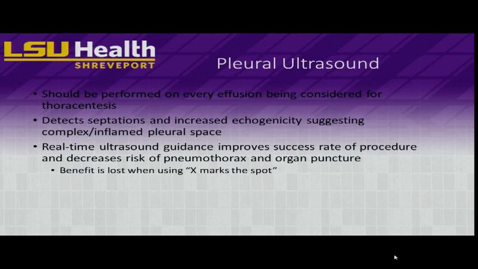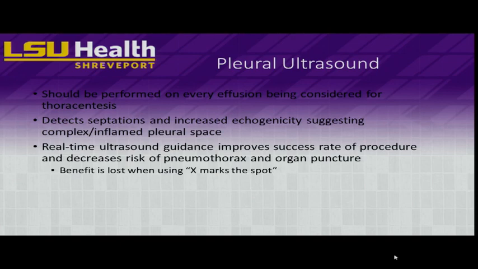the complication rate. Now, when the typical X marks the spot technique that's been used, where you ultrasound, mark, and then do your thoracentesis, has been studied, you don't see the same benefit.